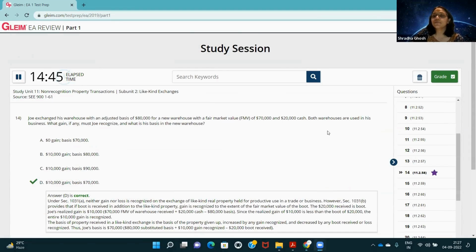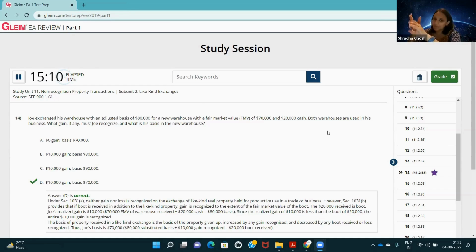Okay. So this portion here is a little mechanical, guys. My suggestion is, for this, go step by step, because otherwise this gets really complicated. Some examples may have boot paid, some may have boot received. So we've put it in a very good hierarchy. First, find out how much boot you're receiving and paying.